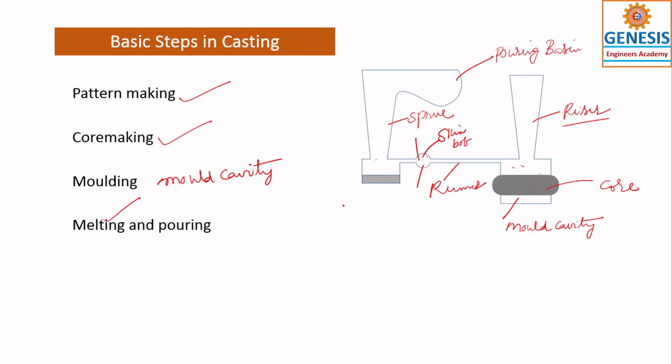The final process here is finishing, which involves many things, even sand blasting or shot blasting, to remove the sand material around the casting. Any inclusions of casting sand particles inside the casting will also be removed using sand blasting. That's all about the casting steps.